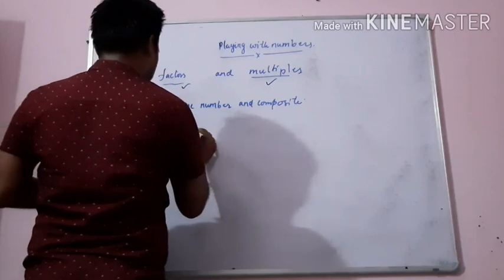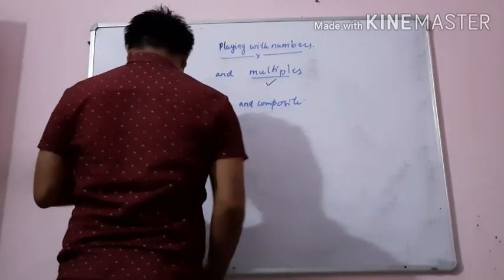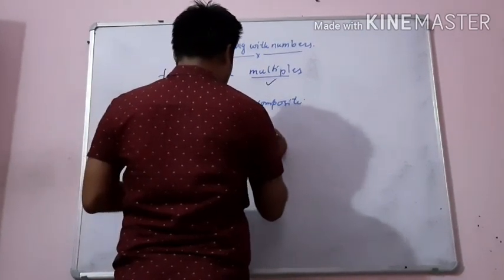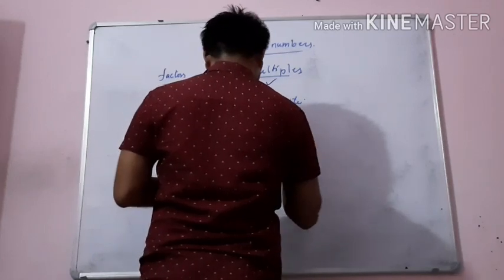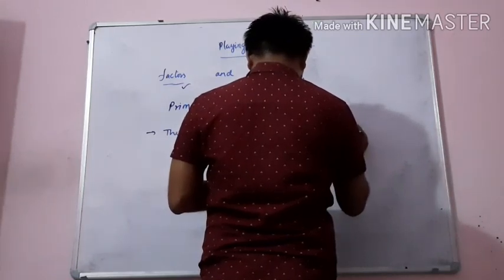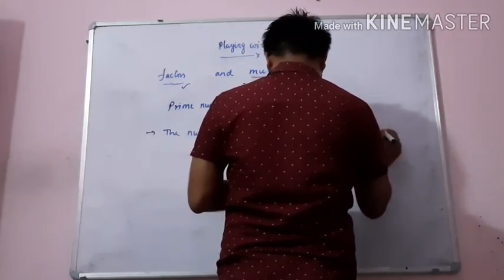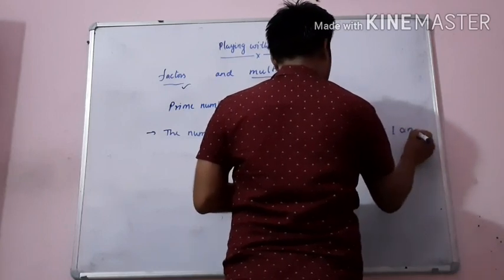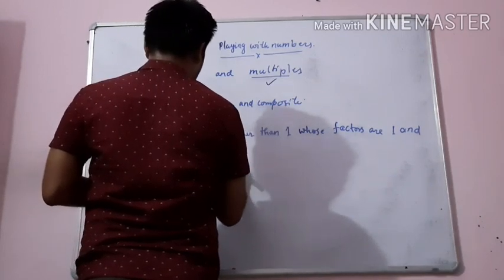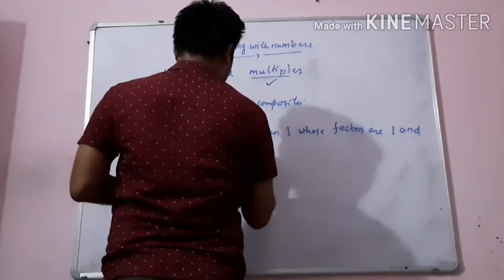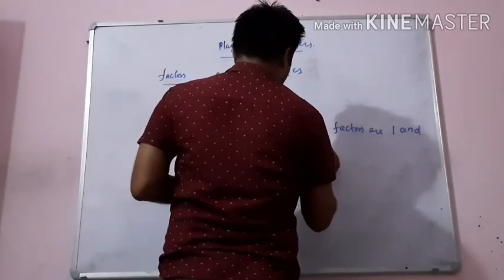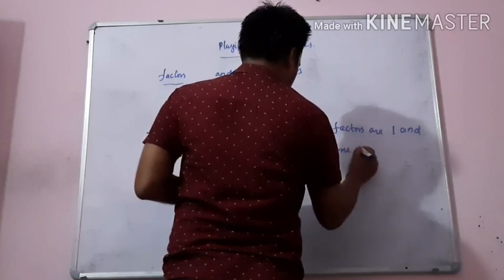The number other than 1 whose factors are 1 and the number itself are called prime number.